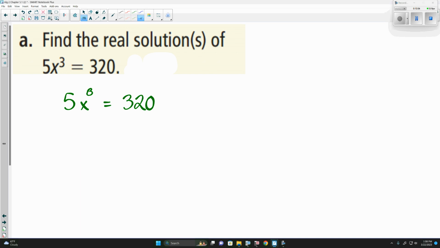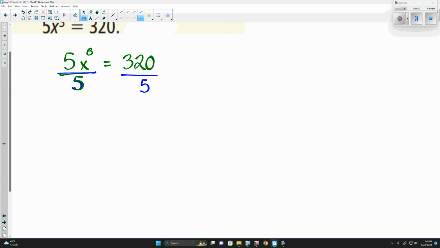Now, with a problem like this here, again, 5x to the 3rd equals 320. The first thing we want to do is to get the x by itself. And we can do that by dividing both sides by 5. Then we need to take the, so we won't square root, but we will cube root both sides.